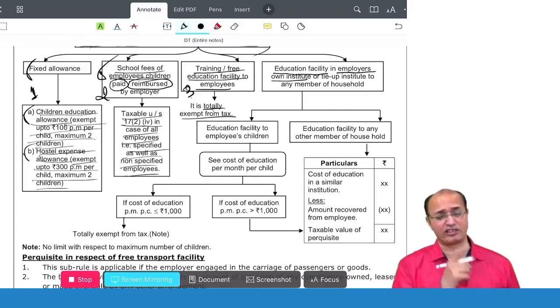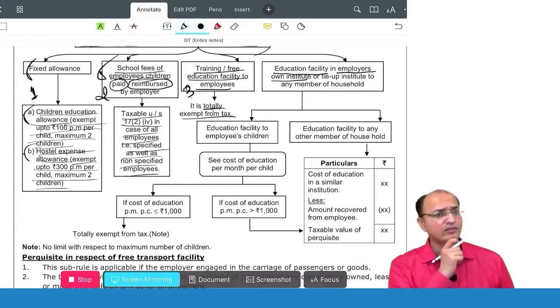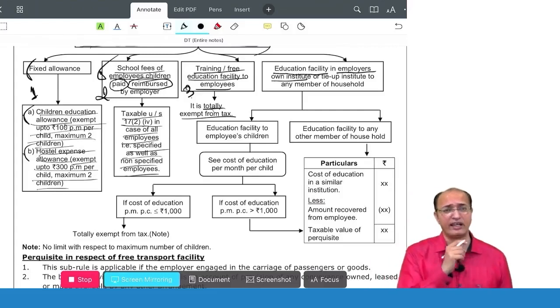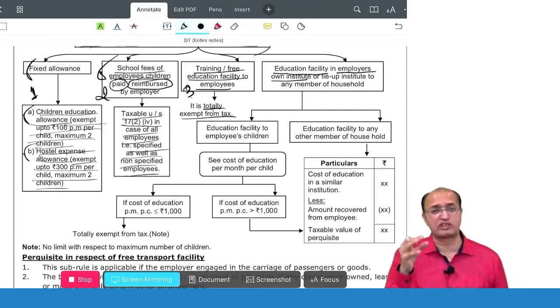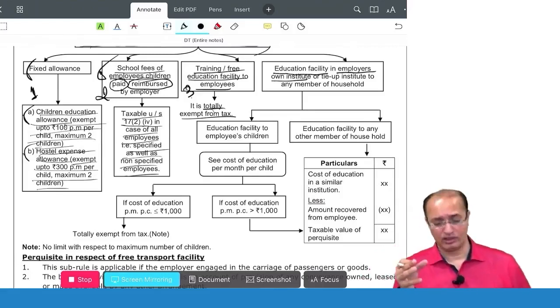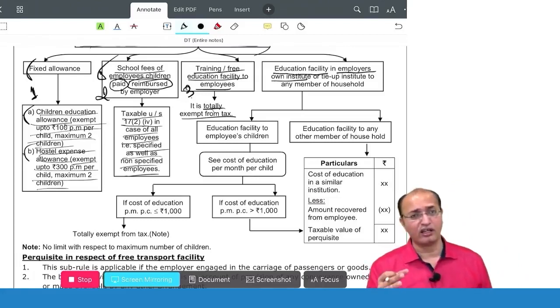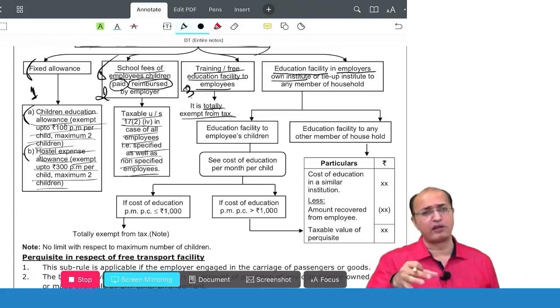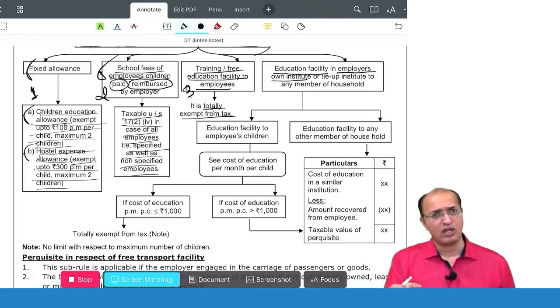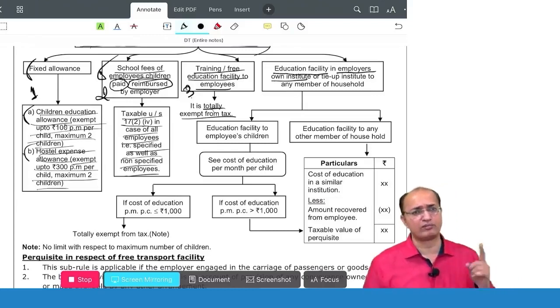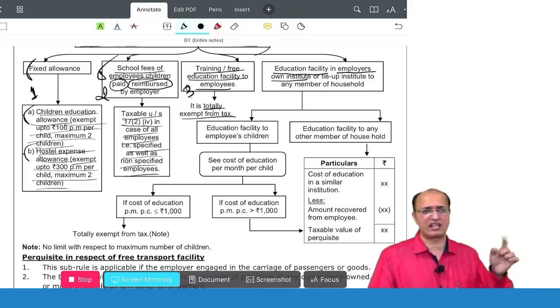For example, if you are aware, in India we have a city called Jamshedpur. Jamshedpur city is more popularly known as Tata city. If you go to Jamshedpur, they are having a Tata Steel plant over there.